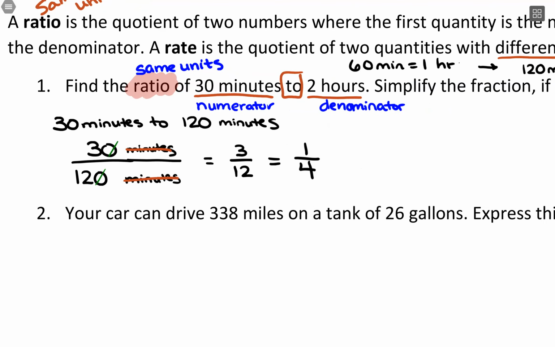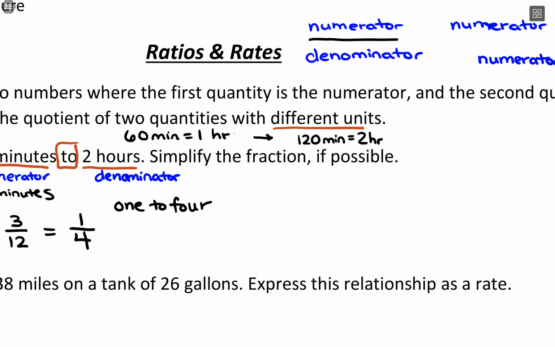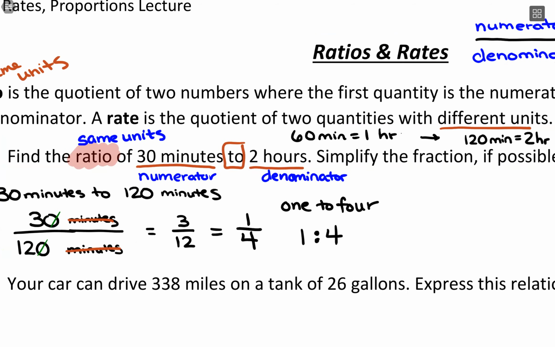And you could even describe it as 1:4, using the colon notation I wrote up above between the two numbers. All of those describe a ratio here for 30 minutes to 2 hours.